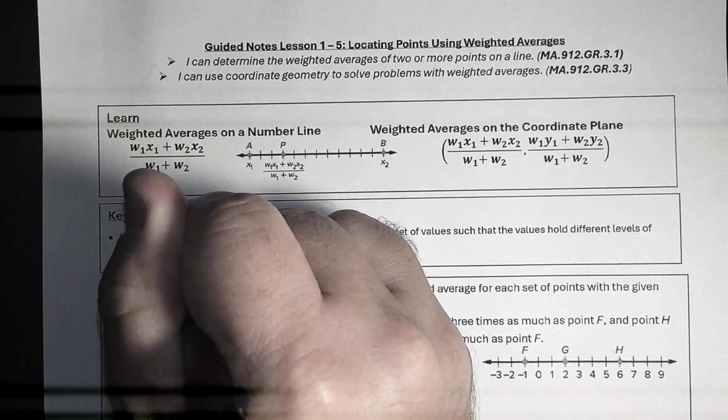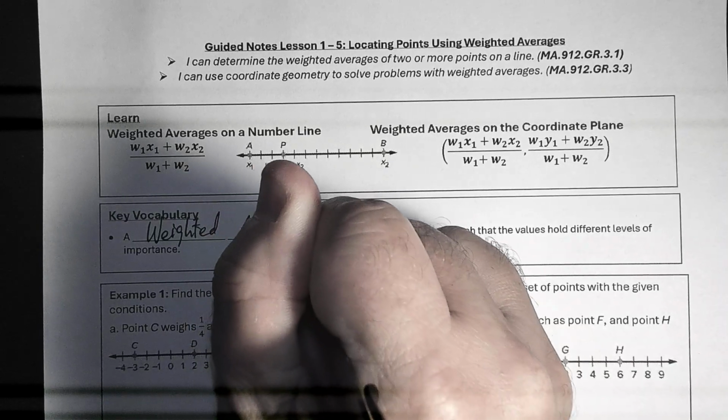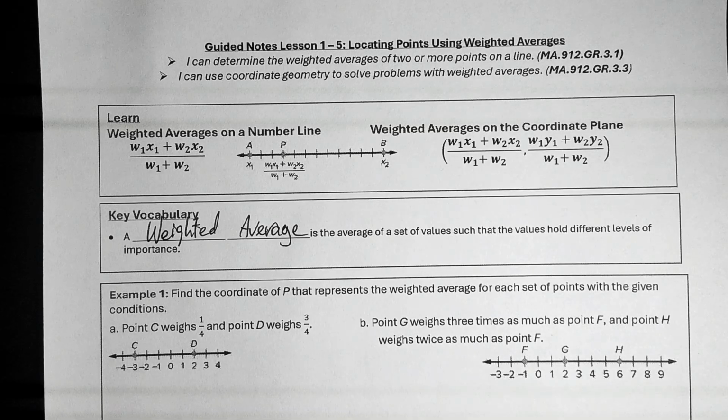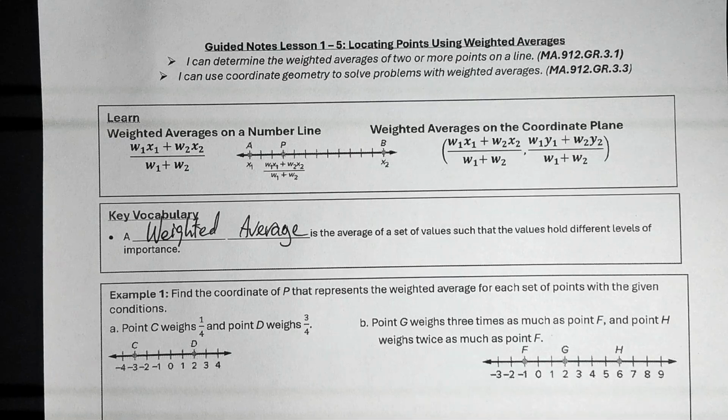So, vocabulary. A weighted average is a set of values such that the values hold different levels of importance. An example I used, and this is a problem we had before but have removed this year: a pest control company has two locations, say one in Daytona and one in Jacksonville, and they want to put a third in between the two, but closer to Daytona.